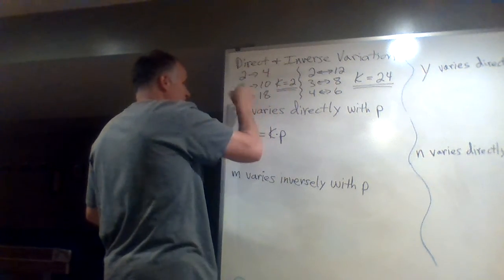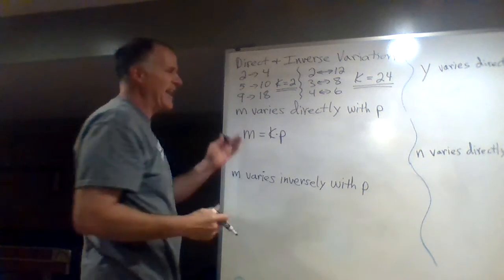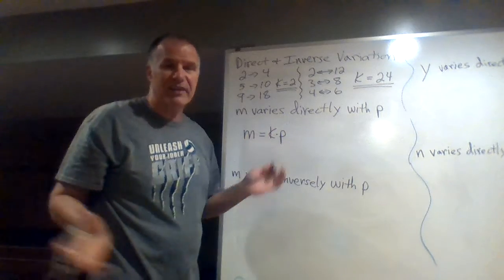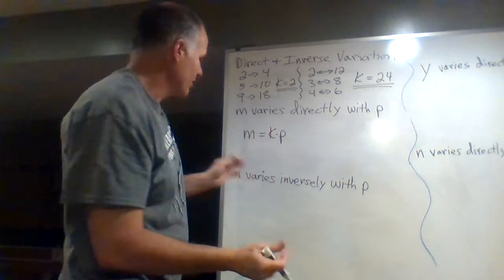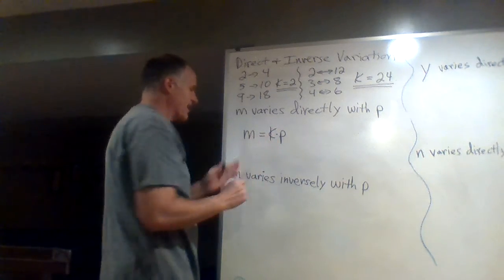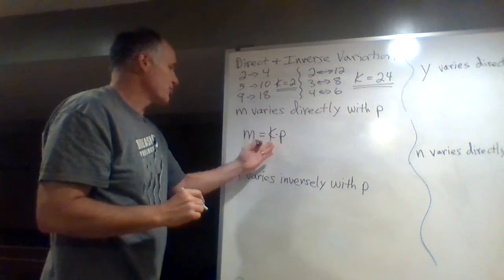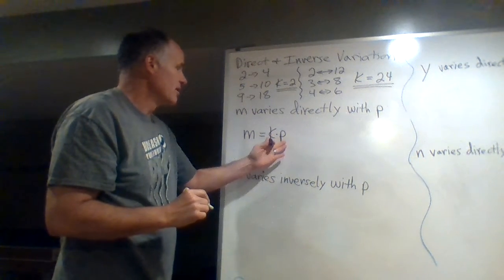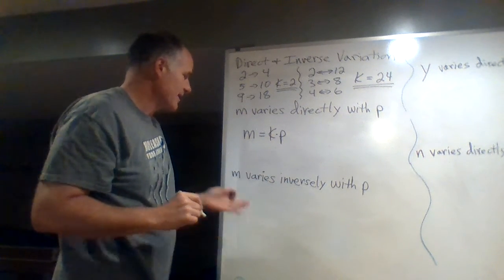Just like here, this is going up. If K was 2, now again, K can be anything. I gave you an example where K is 2, but K could be 5. K could be a negative number. Okay? So anyway, the direct variation, this is how I'd write it: M varies directly, multiplied with some constant number, and P.